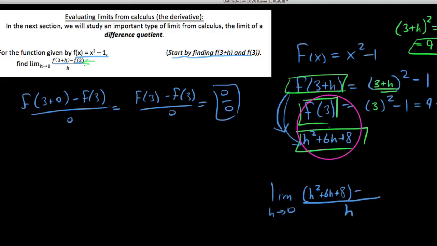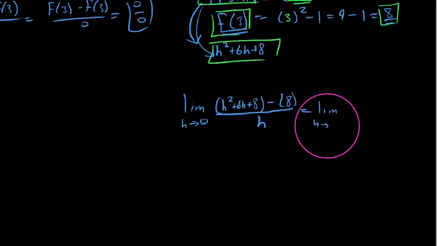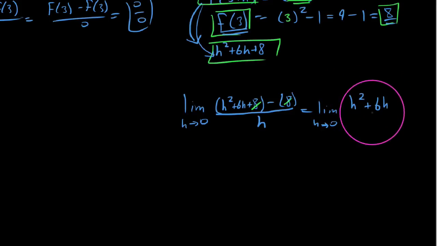And we were subtracting f of 3, which we also found was 8, so we take away 8. What I want everybody to notice is that we still have a limit. We can't direct substitute, as that would give us 0 over 0, indeterminate. But we do know this: on the top, the 8's are gone. What this leaves us with is h squared plus 6h all over h.